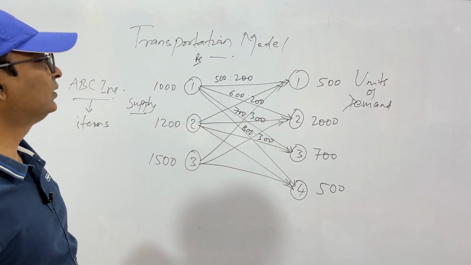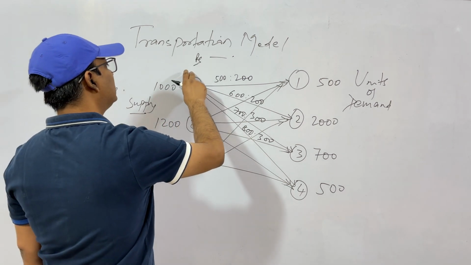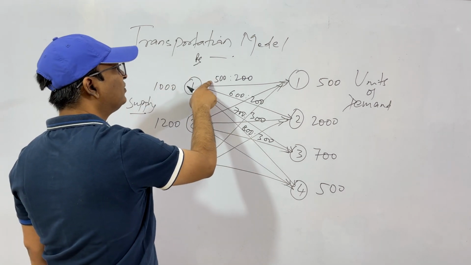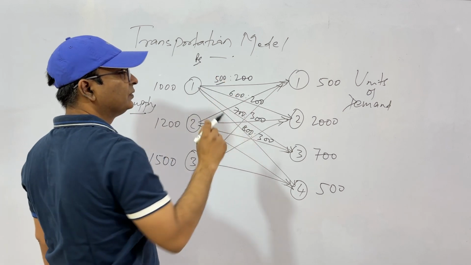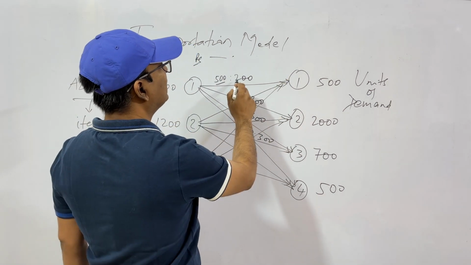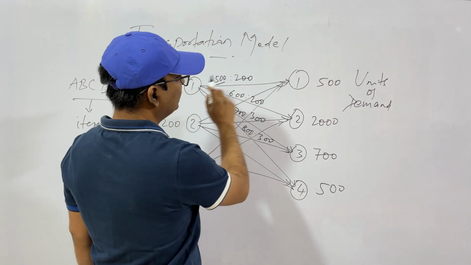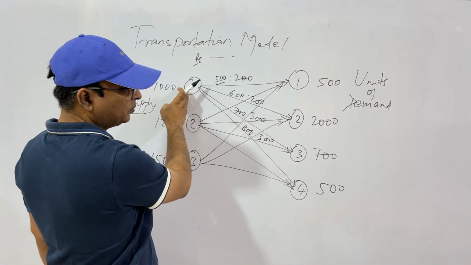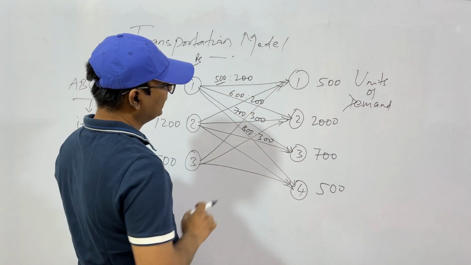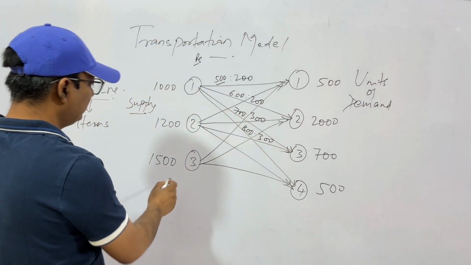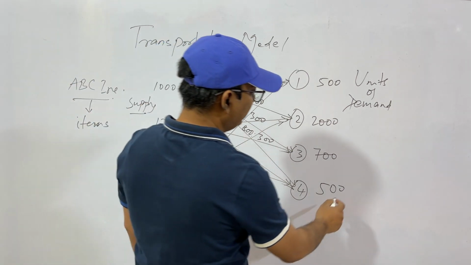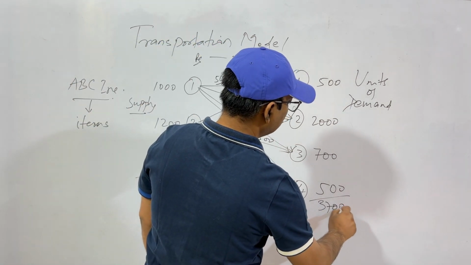So this is the way we show that out of these 1000 items that is produced at the first producing unit, 500 is the cost of transportation of one item from here to here, and we are transporting 200 items from one to one, that is the first production unit to the first consuming unit. Obviously finally we have produced 3700 items per annum, and we have consumed 3700 items per annum.